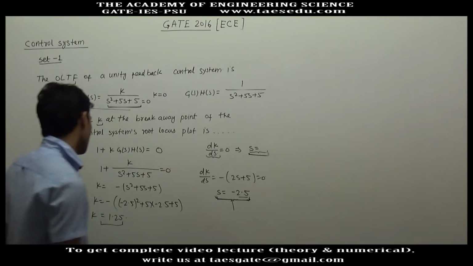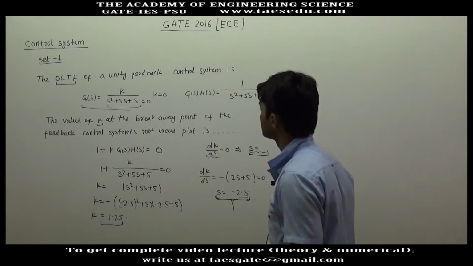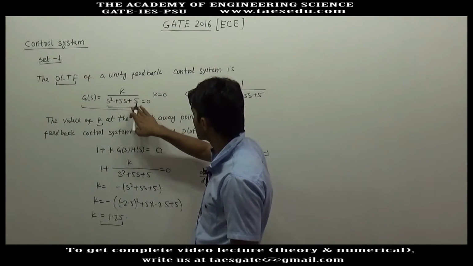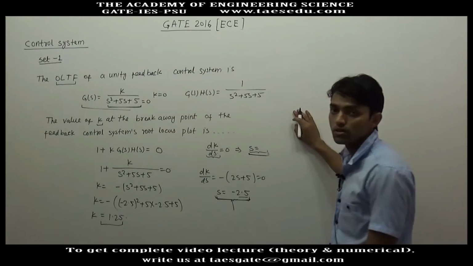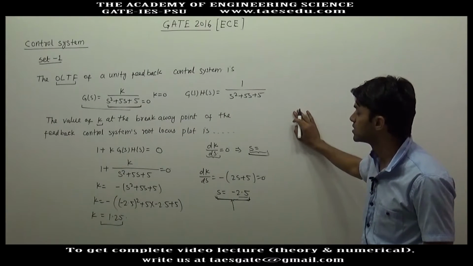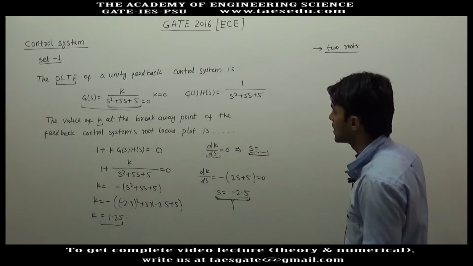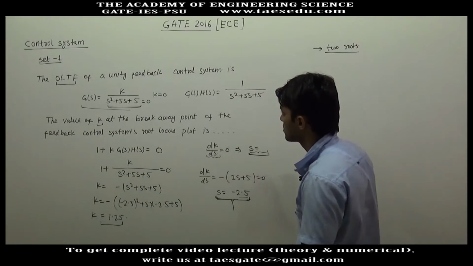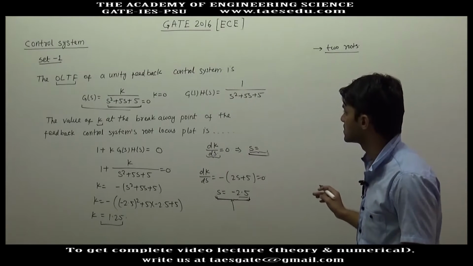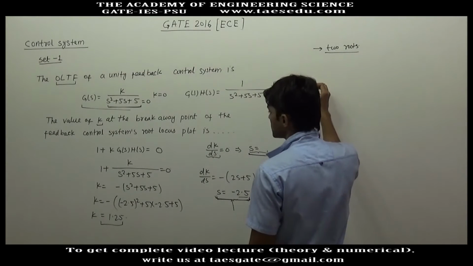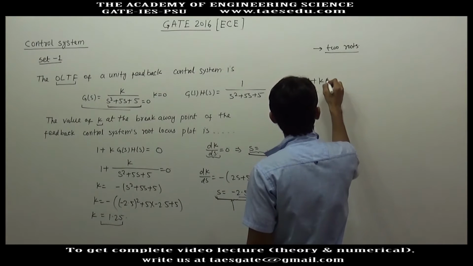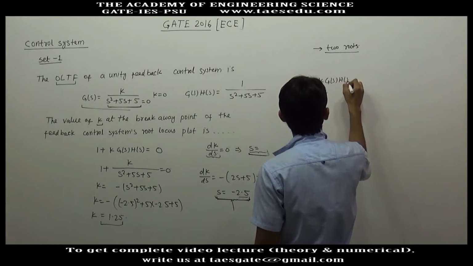There is another method to find out the breakaway point. Since this is a second order system, in the closed loop system you will have only two roots. And what will be the characteristic equation? The characteristic equation will be given by 1 plus K G(s)H(s).